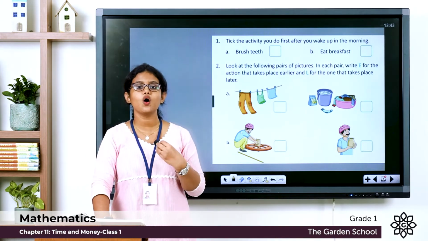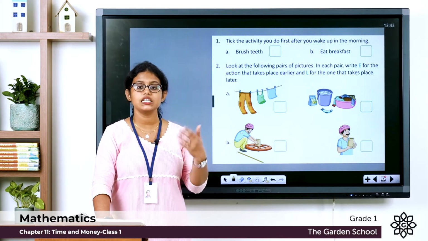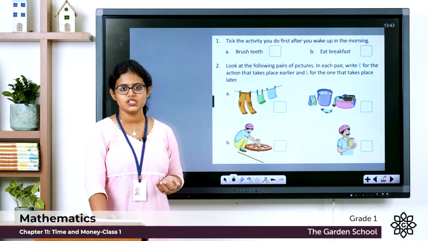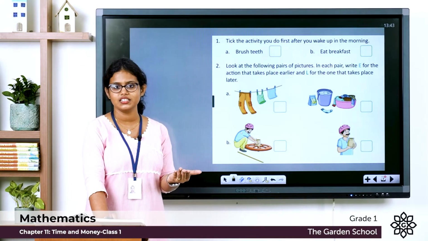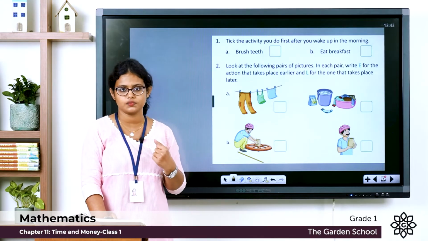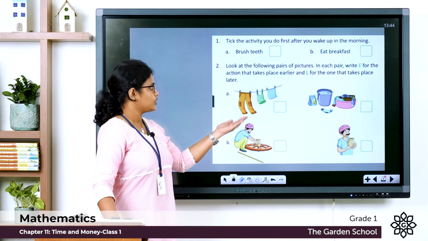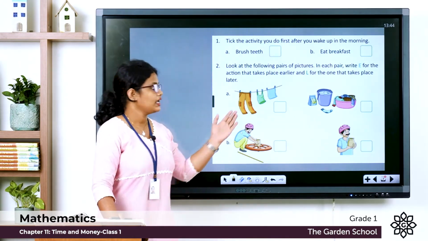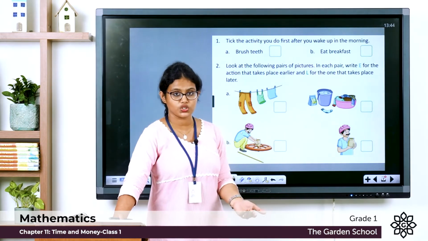Okay, so we all do different things in an order. We can say in a step-by-step order. So things that we do first, we can say earlier. And the things after that, we can say later. So see the first pair. You can see the clothes are being dried. Then you can see the clothes for washing.